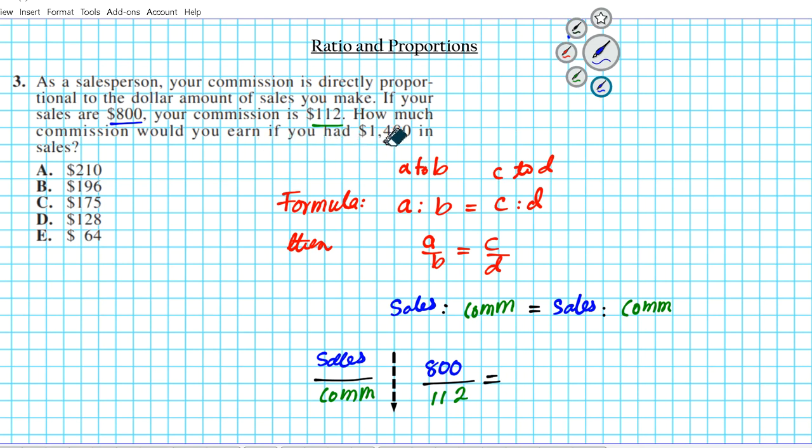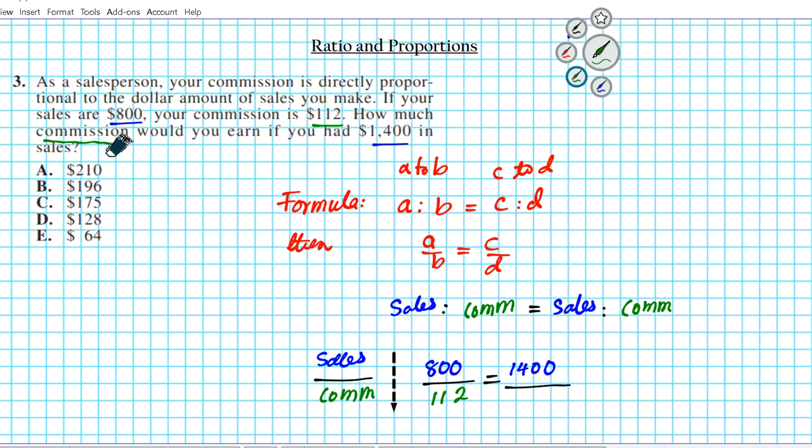So 1400 is sales. So 1400 divided by the commission. That's a ratio of that. So, what's the commission that goes with 1400 in sales? Well, it says how much commission. So the second part of the ratio that we need is what we're looking for.